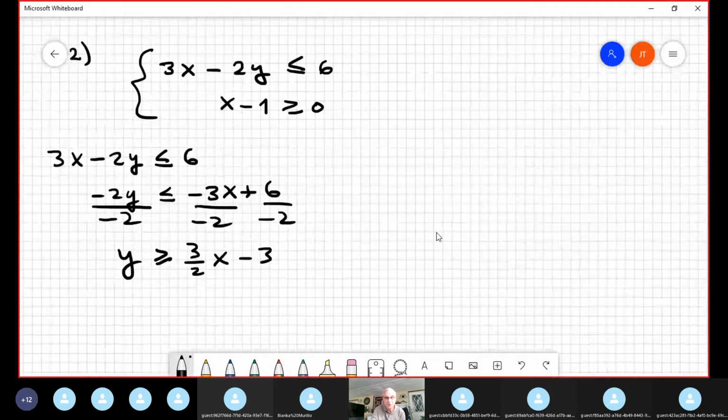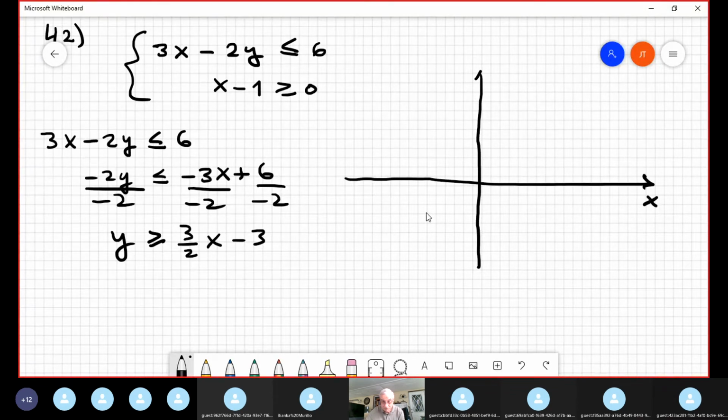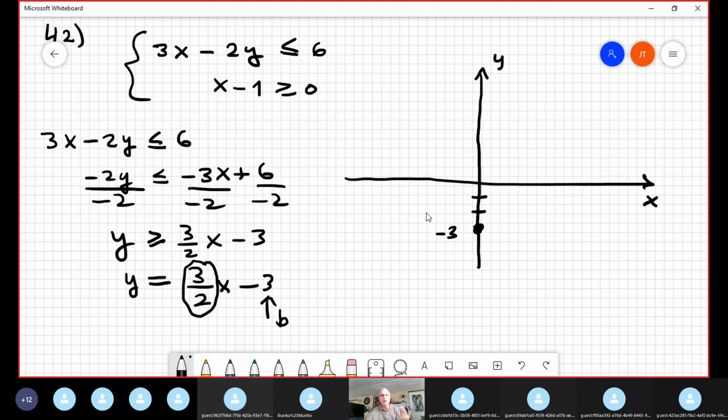We are ready to do the graph of at least this inequality. Let me try to do my best by hand. The y-intercept is minus 3. Guys, I suppose you know this very well, right? This is b. Wait, I forgot to say that I convert it temporarily to an equation. You recognize that b is minus 3, and the slope is 3/2: the top part of the slope is rise and the bottom part is run.